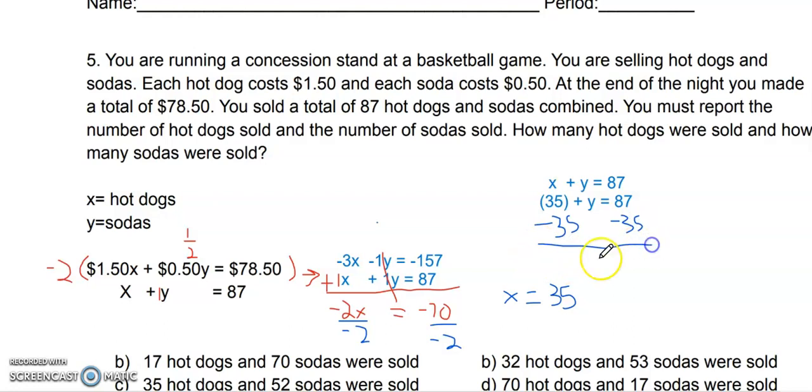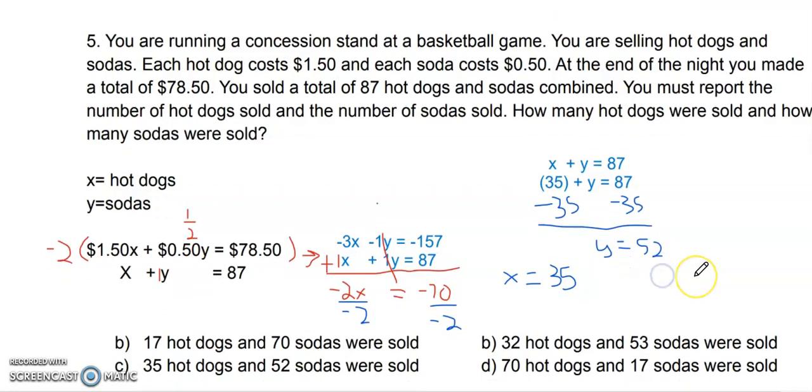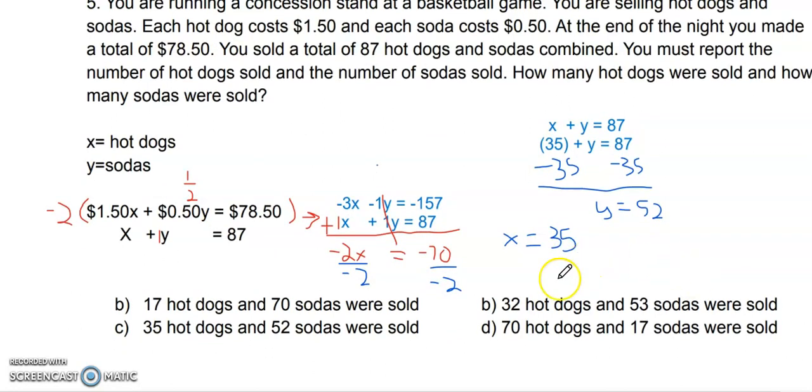And then I get y is equal to 87 minus 35 is 52. Okay, so there were 35 hot dogs sold and 52 sodas sold. So I'm going to go ahead and circle C.